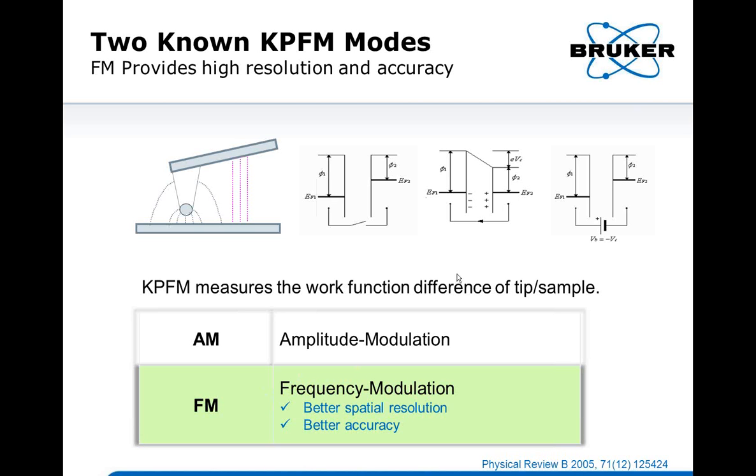And if you detect the associated electrical force gradient, that will be the frequency modulation method. So frequency modulation KPFM is not just another way to do KPFM. It's a better way. It gives you much higher spatial resolution and better accuracy.